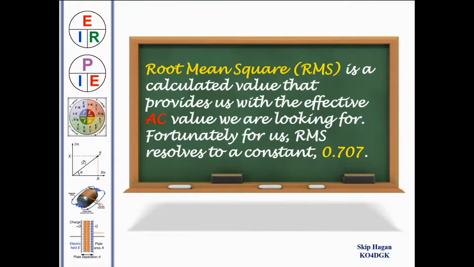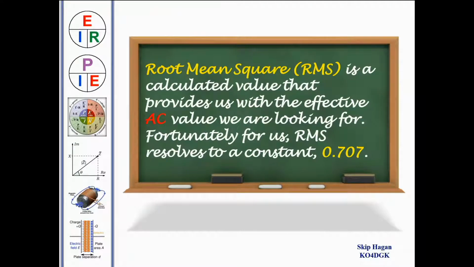To find that effective power, we need to use a different form of calculation known as root mean square, or RMS. Most of you have seen RMS in the literature in various places. RMS is a calculation that provides us with the effective value.